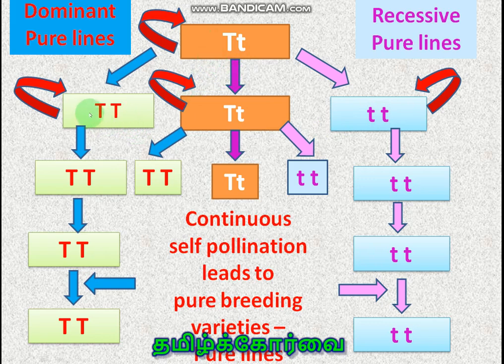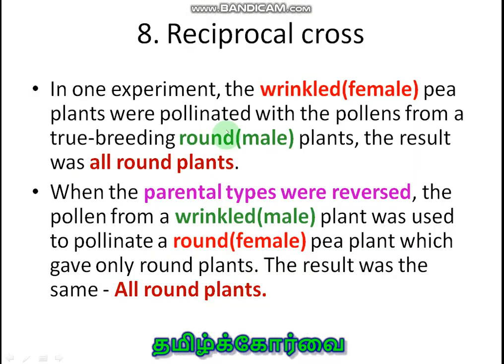Okay, and again the tall is self-pollinated continuously, so we are able to obtain the homozygous dominant alleles continuously, so it is called the dominant pure line. On the other hand, you see the recessive pure line we are getting. So in between this is not pure. So continuous self-pollination leads to pure breeding varieties.